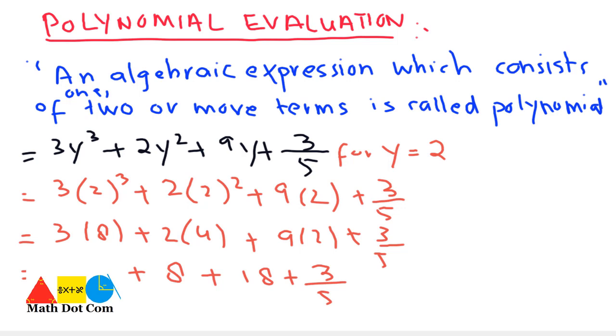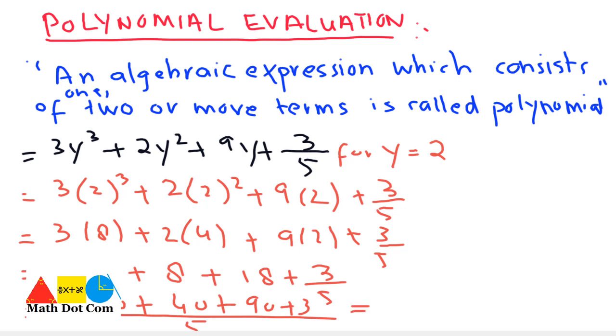Okay. Then what we will do, we will take the LCM, 5. 24 5s are 120, plus 8 5s are 40, plus 18 5s are 90, plus 3 will be as it is.